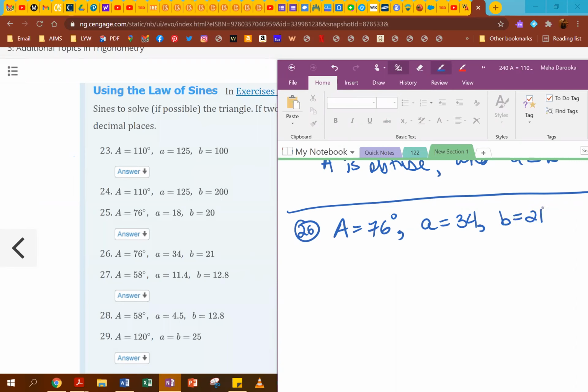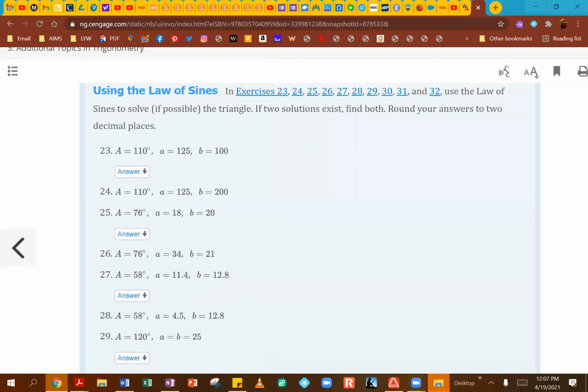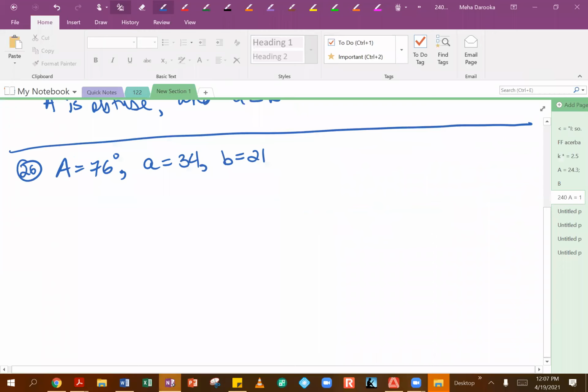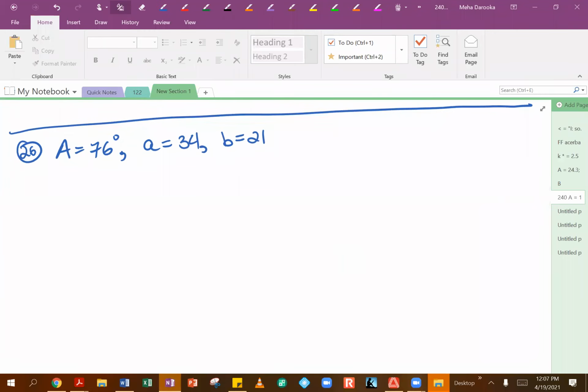So let's see how this will help out. We have an acute angle, and we have side A greater than side B. So you are actually looking at this third case over here, because we have an acute angle and side A is greater than side B. Let's take a look at how we can solve this.